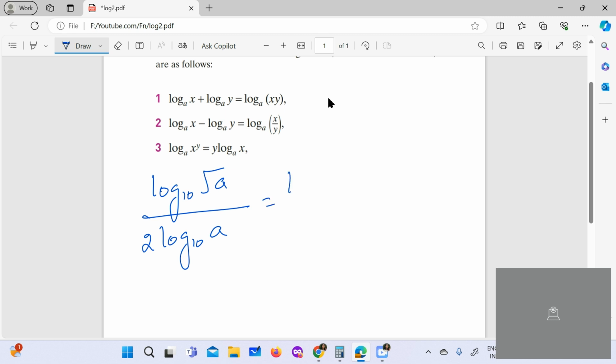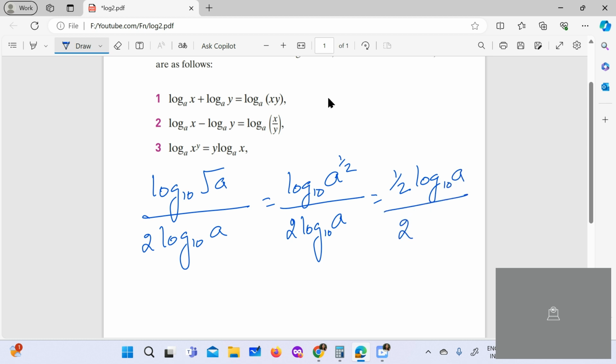So this is nothing but log base 10 a to the power of 1 over 2 upon 2 log base 10 of a. So this can be written as 1 over 2 log base 10 a, and here you have 2 log base 10 a. So this and this cancelled.